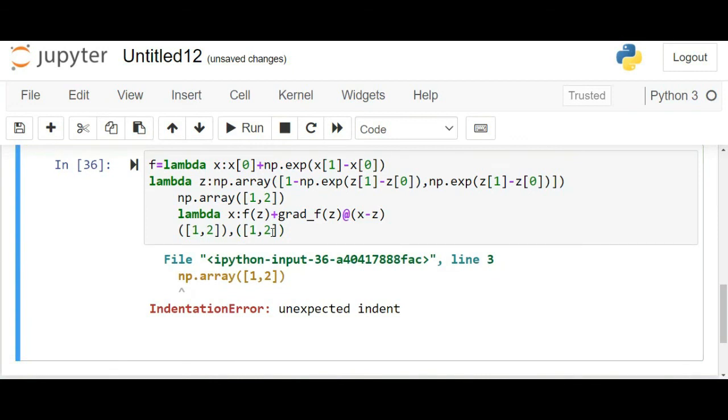So this code is not working, and you can correct this code. I will not delete this code and hope you will make it correct.